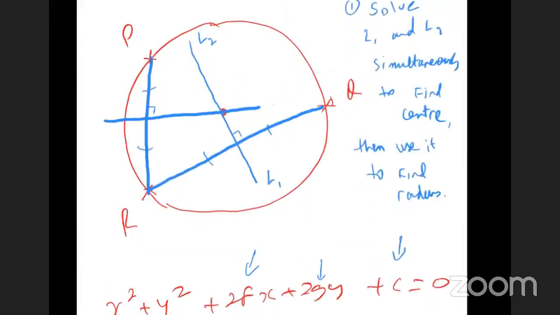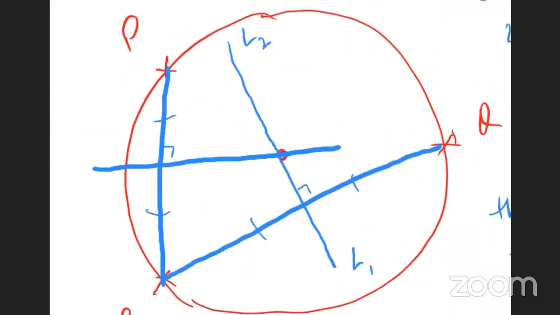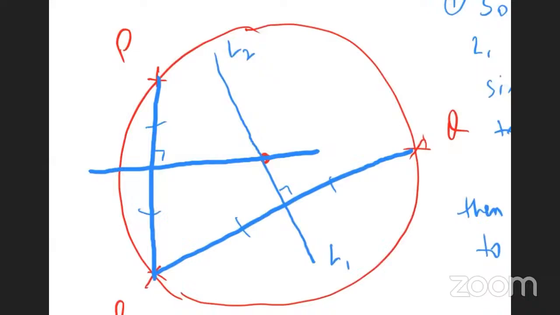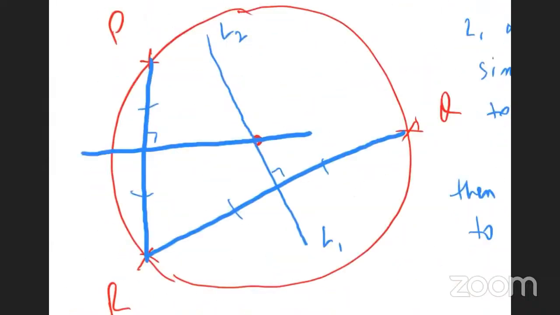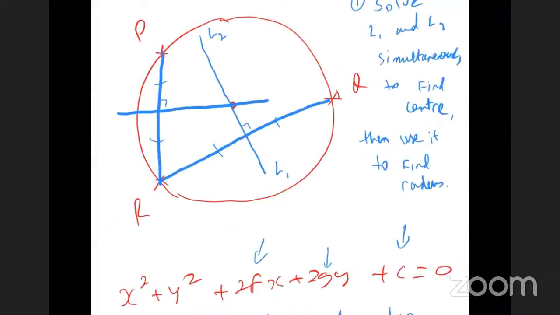Right. There are some quick things that I want to talk to you about. Here's what happens sometimes. Sometimes they will ask you to find the equation of a circle, right? But in finding the equation of this circle, all they're going to do is give you 3 points, P, Q, and R. How will you get the equation of the circle? Ignore my diagram.